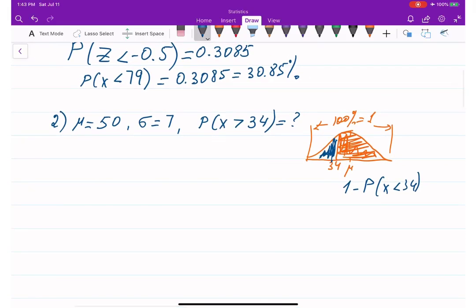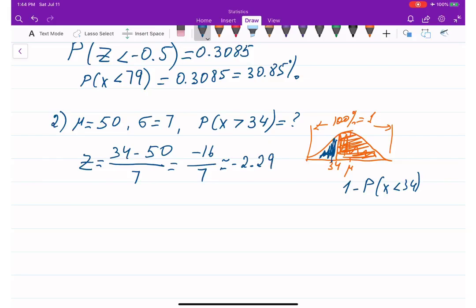So z-score is equal, my x is 34 minus mean is 50 divided by 7. So 34 minus 50 is equal negative 16, and divided by 7, we are going to get approximately negative 2.29.